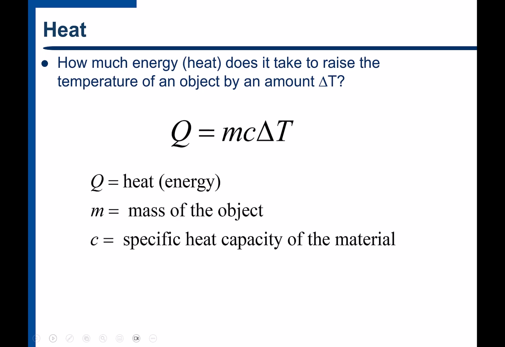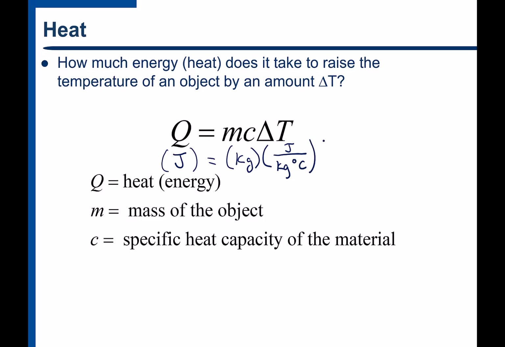So you'll notice that the amount of energy that's either added or taken away from the object is Q, so that would be in joules. And we'll just check our units here and make sure they work out. We know that mass is in units of kilograms. Specific heat capacity, we said, has units of joules per kilogram per degree Celsius.